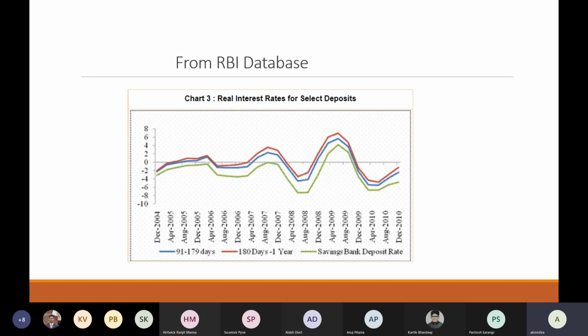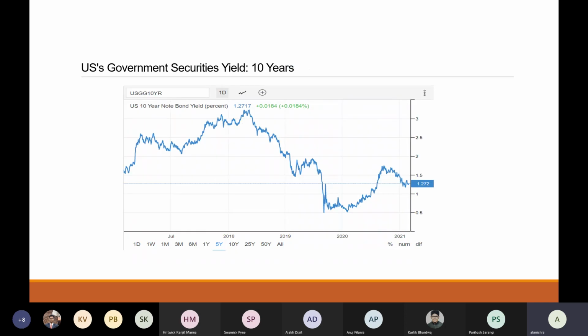So this is what trigger for you whenever we are going to discuss about real interest rate. This will give you more clarity that this kind of trend we have just observed during 2004 and 10.